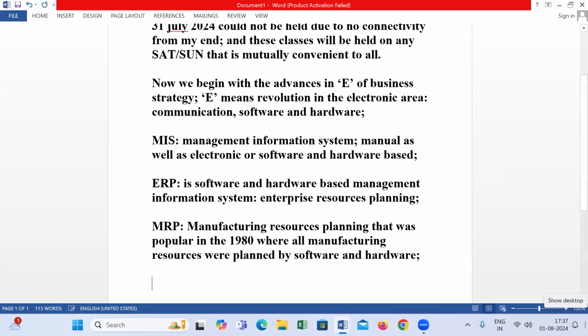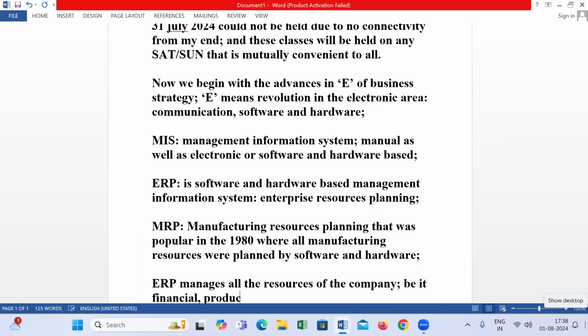Now ERP manages all the resources of the company, be it financial, R&D, HR, and marketing.